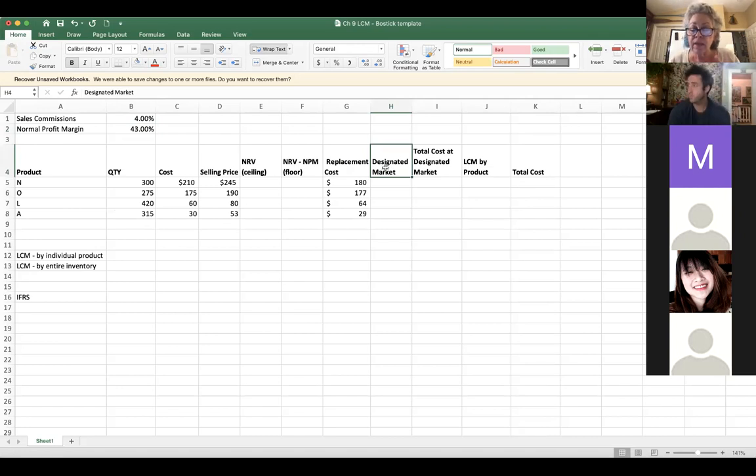You'll understand why in just a minute. In LCM, we have to know what NRV is, and we just calculated NRV. NRV is the selling price minus our cost of disposal. We refer to that as the ceiling.